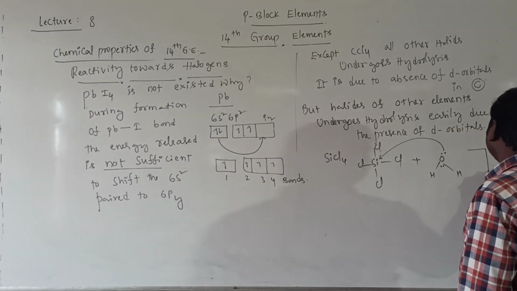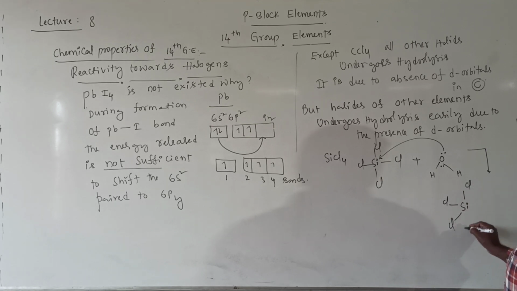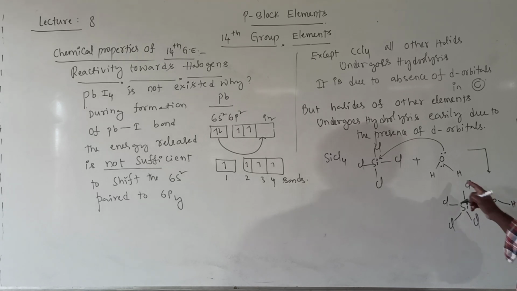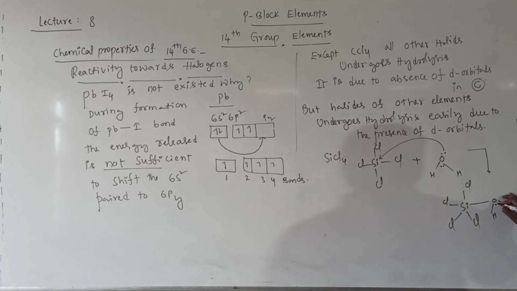Then it gives the compound with silicon, four Cls, and here oxygen, hydrogen. One lone pair is donated, only one lone pair is left here.